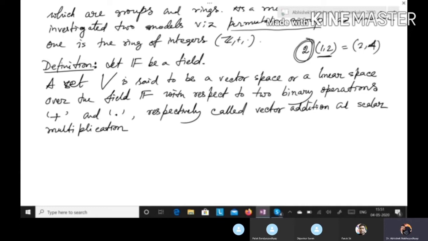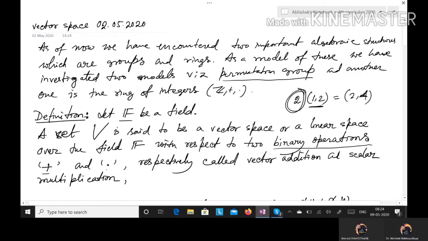First, let us consider a field F, and then we consider a set V which we would like to make a vector space over this field, with respect to two binary operations: plus and dot. Plus is called vector addition and dot is called scalar multiplication.